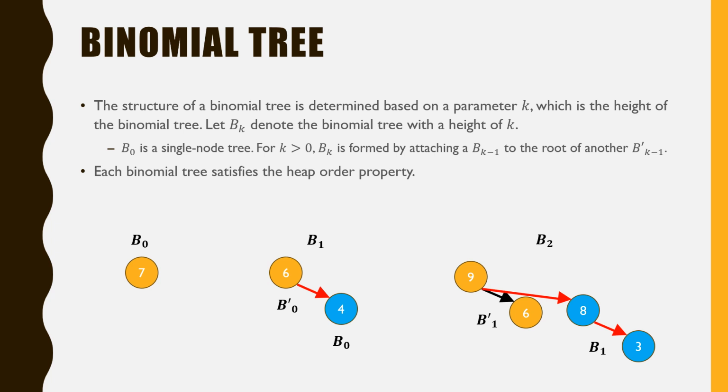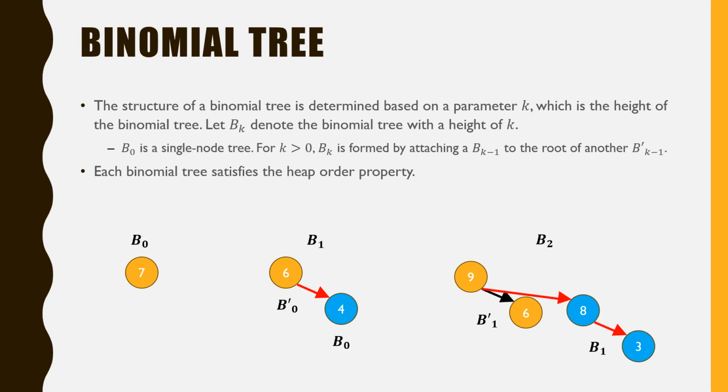When k is greater than 0, a Bk tree is constructed by attaching one Bk-1 tree to the root of another B'k-1 tree. For example, the leftmost tree, with only one node, is a binomial tree B0 of height 0.